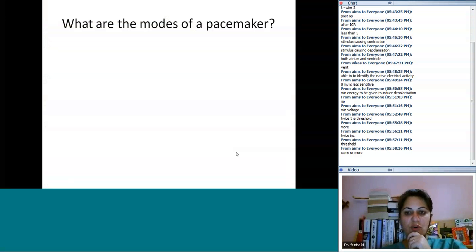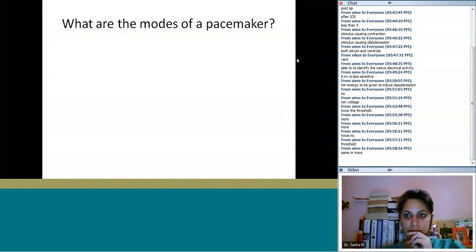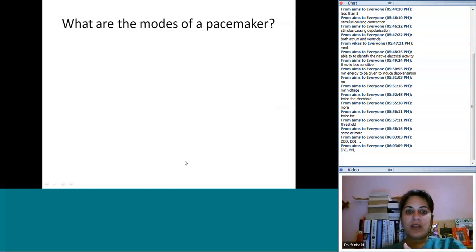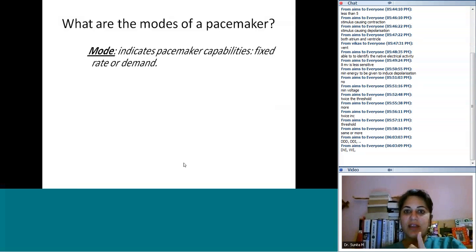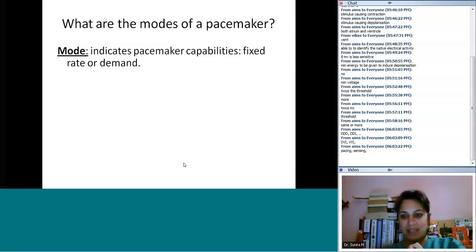Do you know what we mean when we say modes of a pacemaker? Right, okay, DDD, but what do you mean by mode? What are the two basic modes? Right, so DVI, VVI, these are all modes. But what are the basic modes of a pacemaker? It indicates what the pacemaker capabilities are, right?